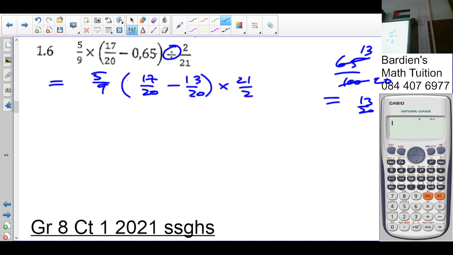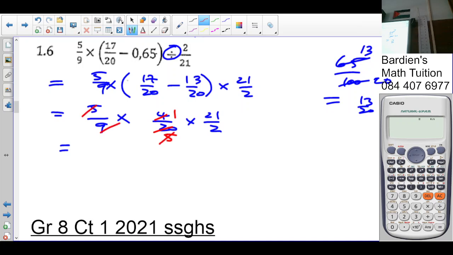I think we did the sum yesterday, no? If I'm not mistaken. It's going to be 5 over 9 multiplied by. Now what's 17 minus 13? 4. It's 4 over 20 multiplied by 21 over 2. So 4 goes into 4 once, 4 goes into 20, 5 times. 5 cancels 5. 3 goes into 9, 3 times, 3 goes into 21, 7 times.